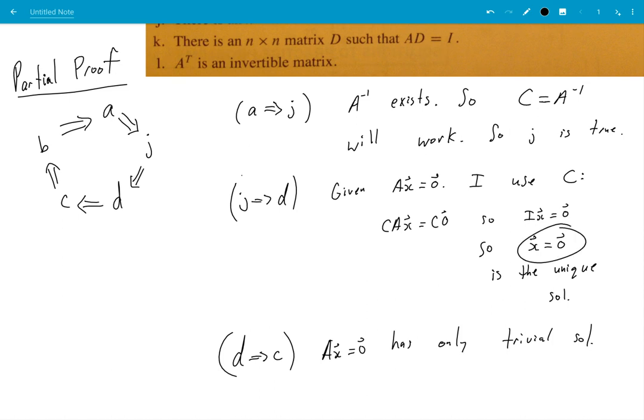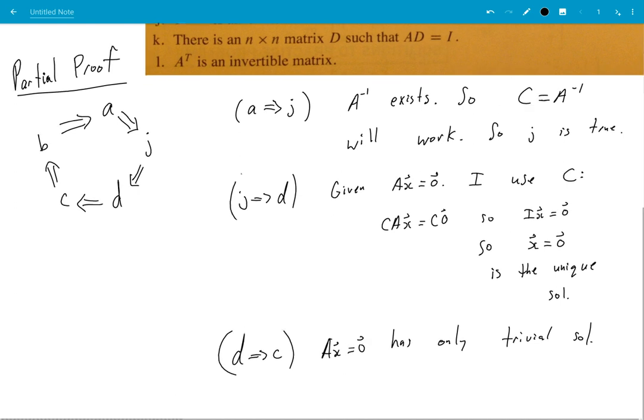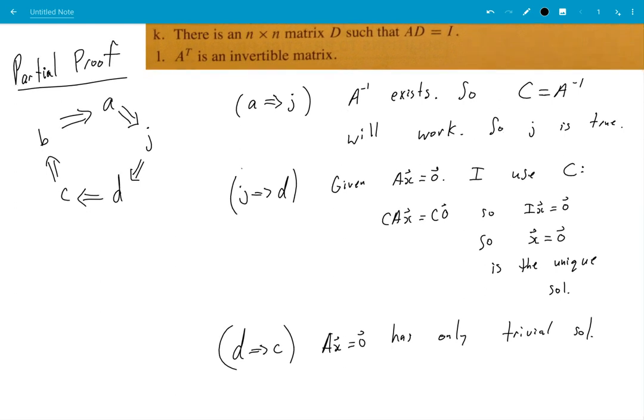This is the trivial solution. Now I want to prove that the matrix A has to have a pivot for every column.